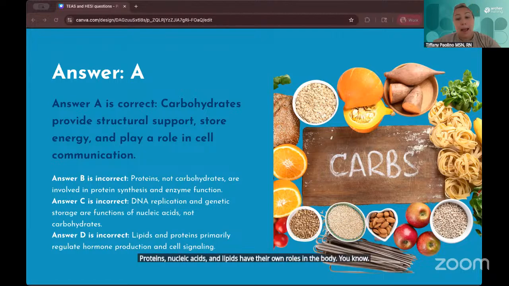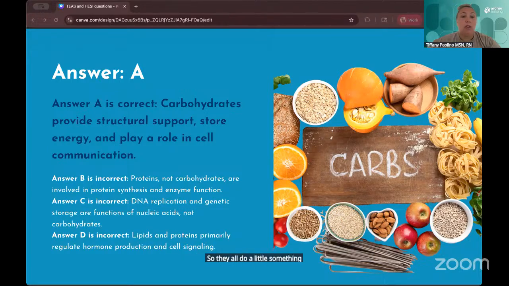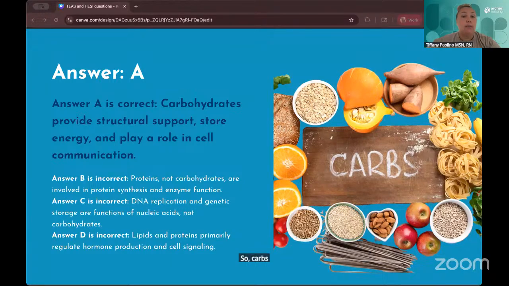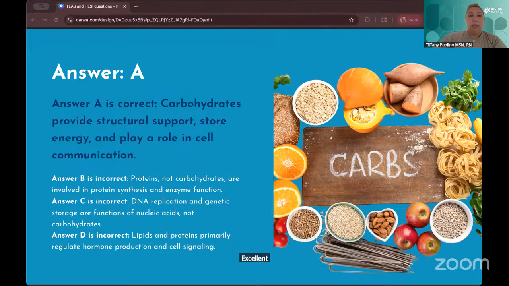We think about our macronutrients, so they all do something different. That's where those other answers were. So carbohydrates support the structure of cells and tissues, store energy, and play a role in cell communication. Very important. Excellent. Okay, let's move right along here.